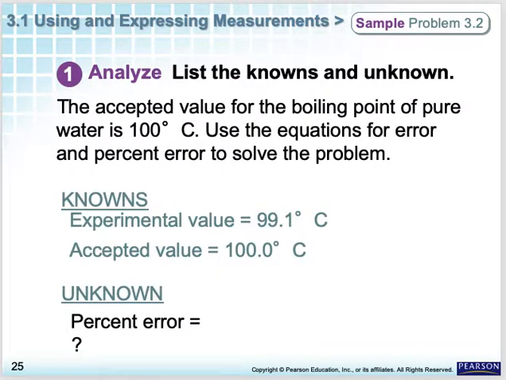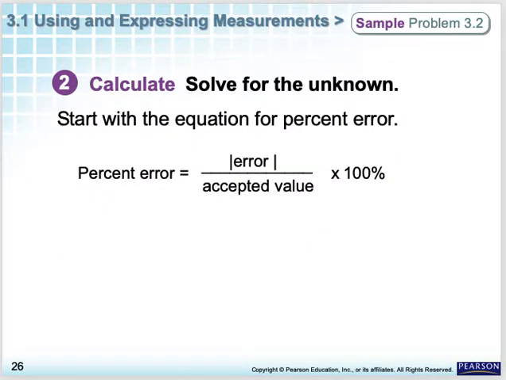Calculate the percent error. We know the accepted value and the experimental value, and we take the error, the subtraction of those two, and take the absolute value of it. So if it's negative, it becomes positive; if it's positive, we leave it positive. Then we divide by the accepted value and multiply by 100 to make it a percent.